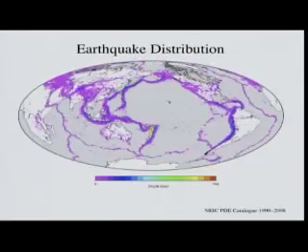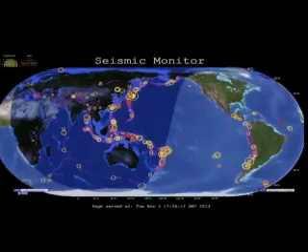So let's look at earthquakes. Here's the distribution of earthquakes for 20 years or so, and you can see that they are not evenly distributed, but we have a lot of them. Just today, or in the last 2 weeks or so, we have so many of these earthquakes. The red ones are from today. I took this picture today around noontime, so it's off by 6 hours or so, but that's all right.